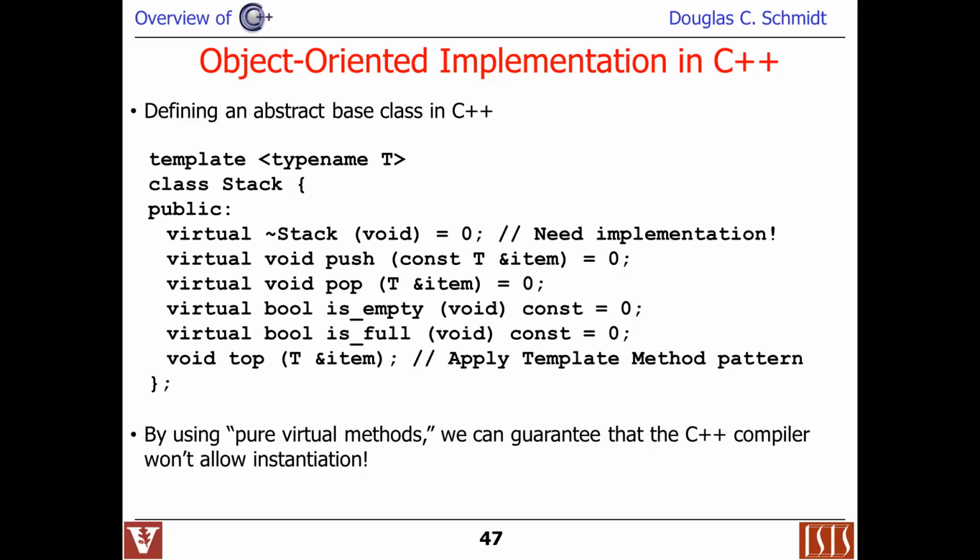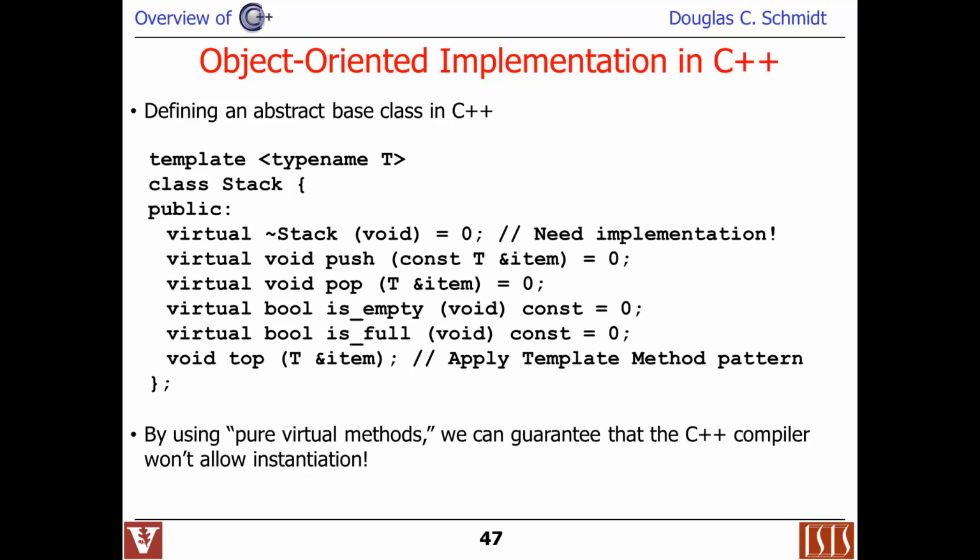So here we're going to have a stack that's parameterized by type T, except now you can see it's a little different. In particular, you'll see that most of the methods are not implemented at all, but instead they're defined as two things: virtual, which is that keyword that appears on the left, and at the end of many, but not all methods, the symbol equals 0 appears.